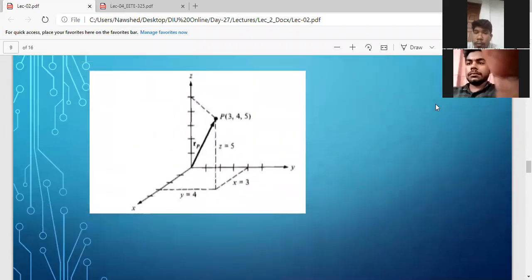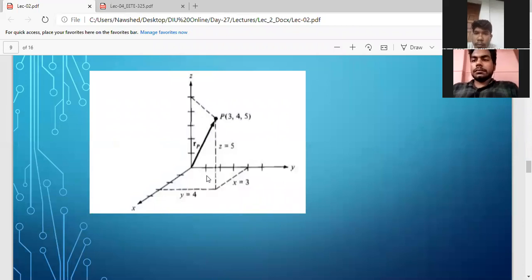Then we put this point P, and remember one thing very carefully. For the arrow direction, say this is our x. The arrow direction defines the positive axis, and if we go opposite to the arrow, it will be negative.